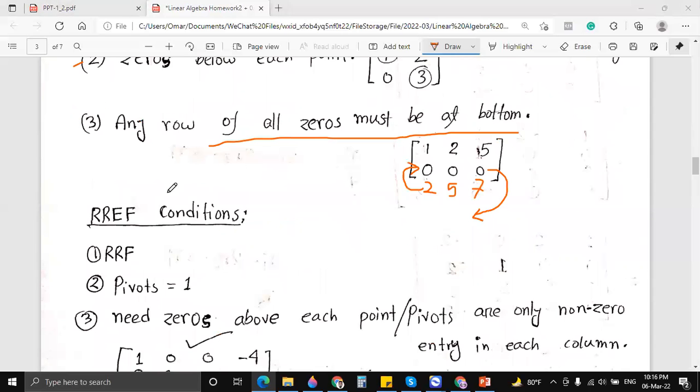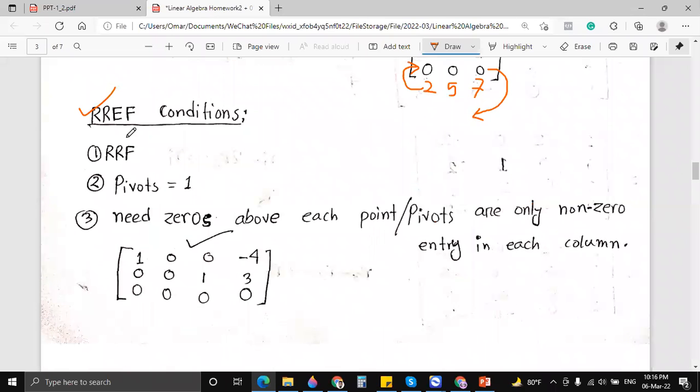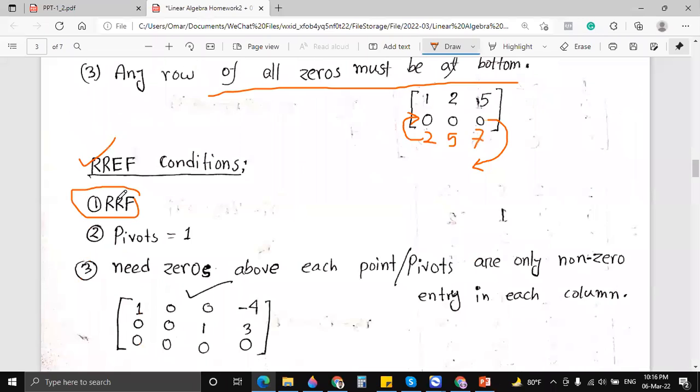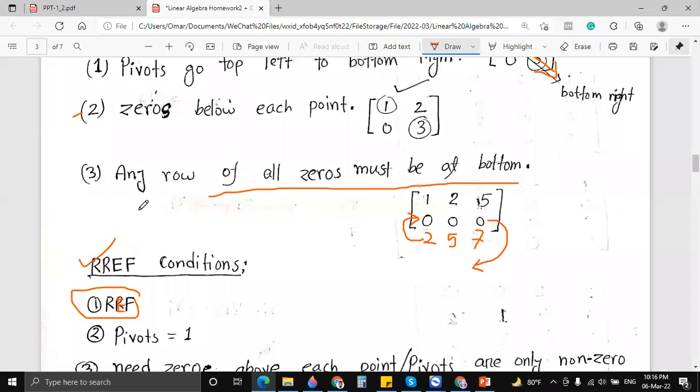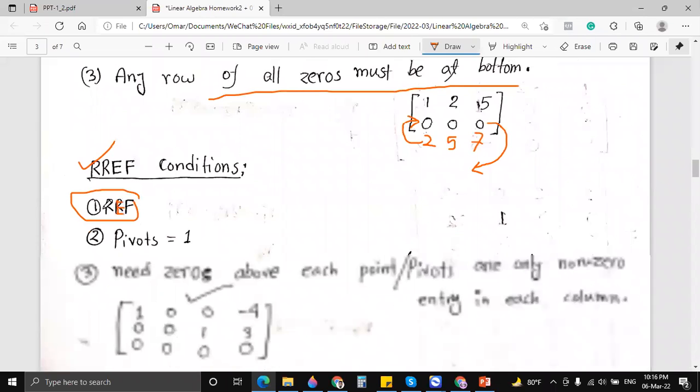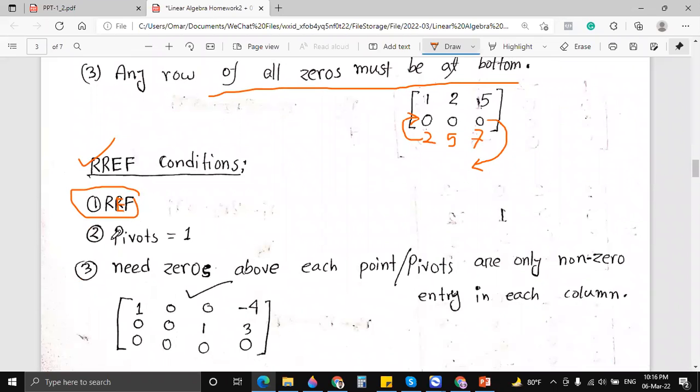Then we have to know what RREF, or reduced row echelon form, is. The first condition is that it should meet all the conditions of REF, or row echelon form. The second condition is that all the pivots need to be 1.